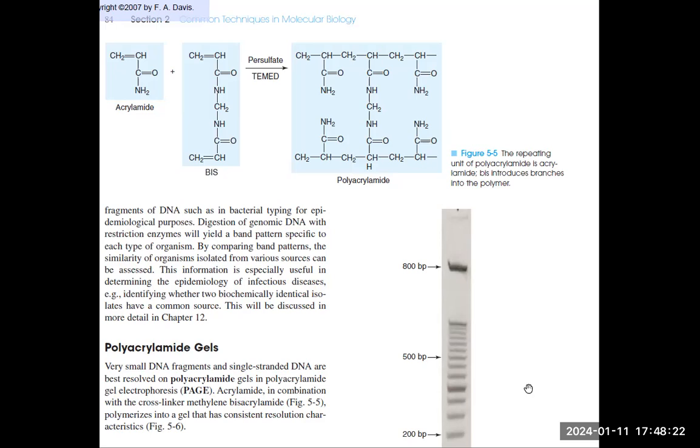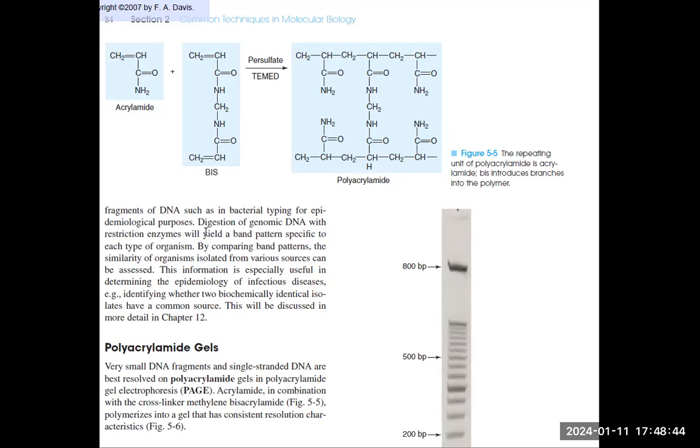Okay, so after agarose and the pulse field, now we have polyacrylamide gels, so PAGE. If you want to resolve very small DNA fragments and single-stranded DNA, the best approach is the usage of PAGE. And why polyacrylamide, guys?